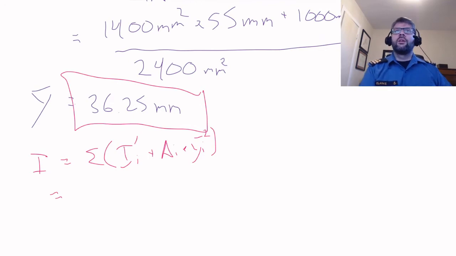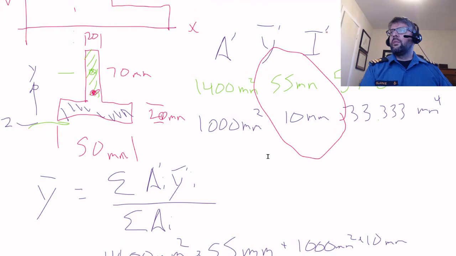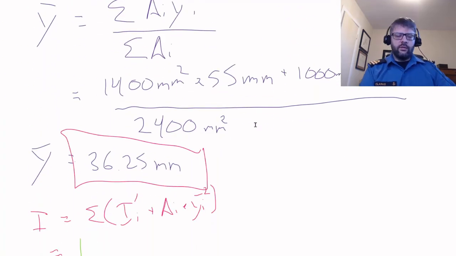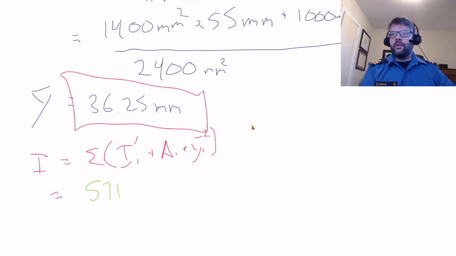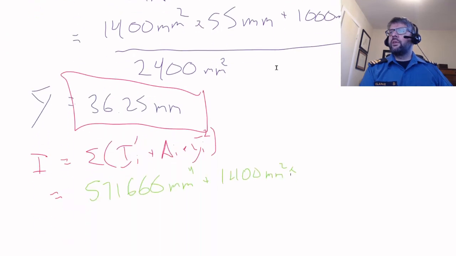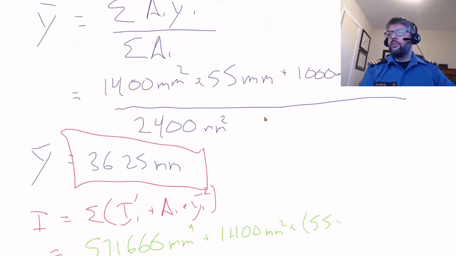So we'll start with the green. Oh, start with the I first, I guess. 571,666 millimeters to the fourth plus the area, 1,400 millimeters squared, times 55 millimeters minus 36.25 millimeters, squared.